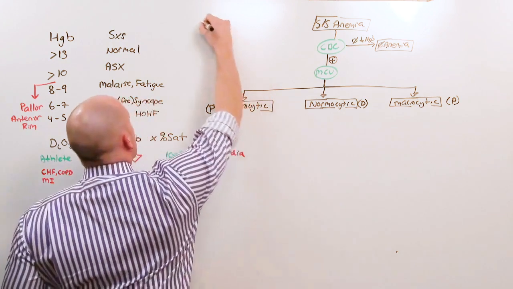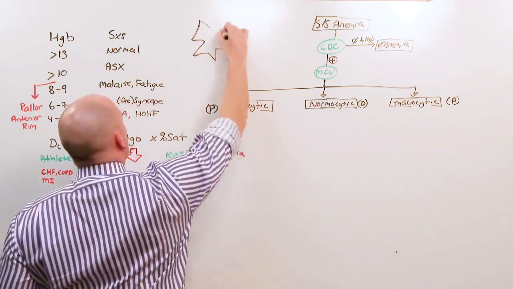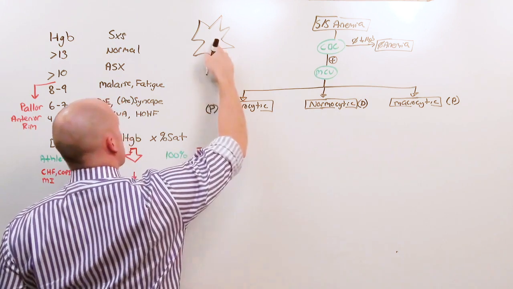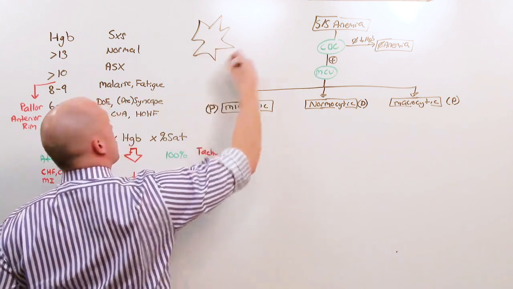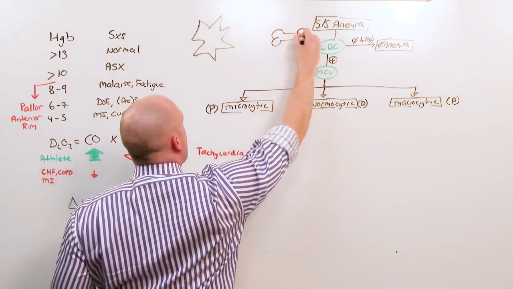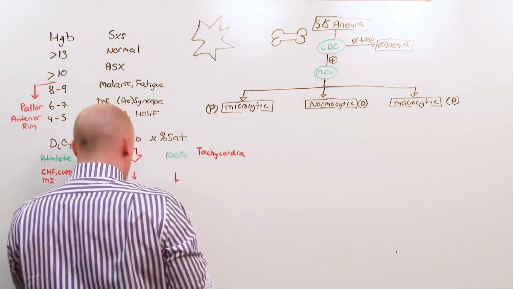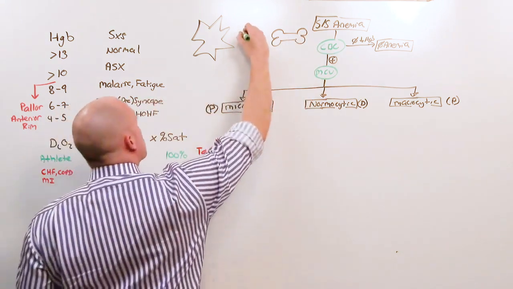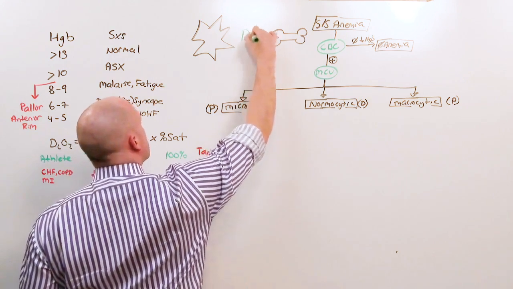Well, all anemia is either from increased red blood cell turnover, this is a red blood cell exploding in hemolysis, or from a decreased production from the bone marrow. The way you separate that out is with a reticulocyte index.